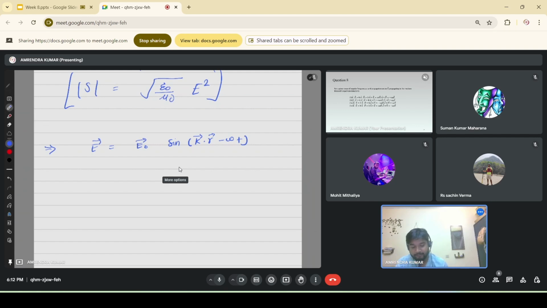Now what it is saying is that there is this B vector also, B naught sine of k dot r minus omega t. Okay, now what is being said is that k denotes the direction of propagation.